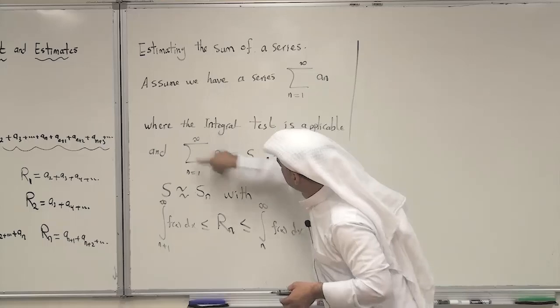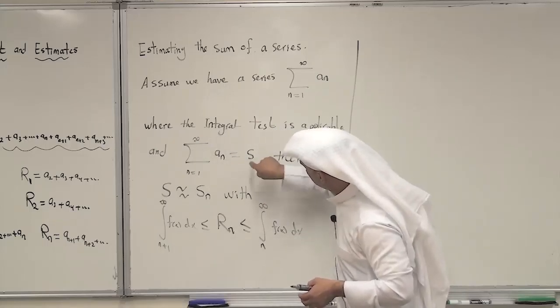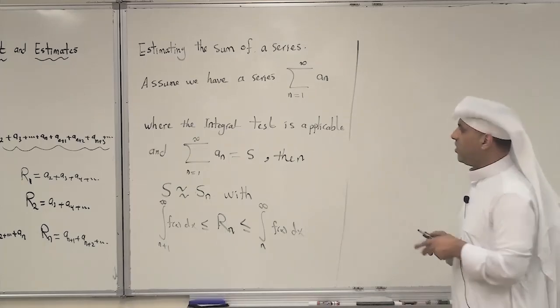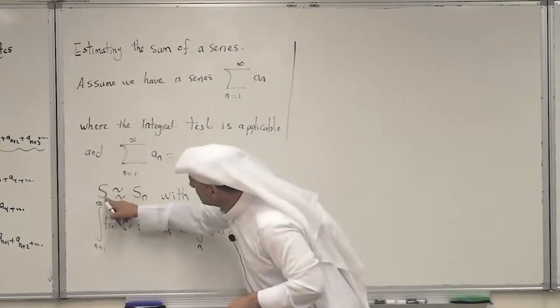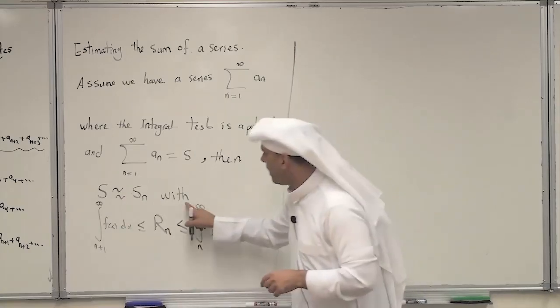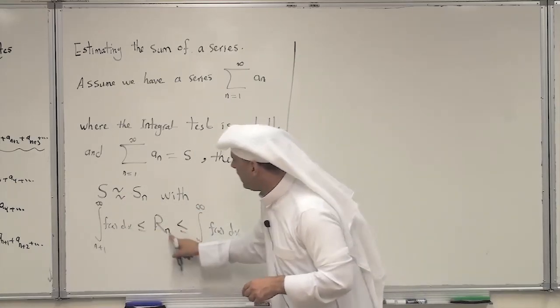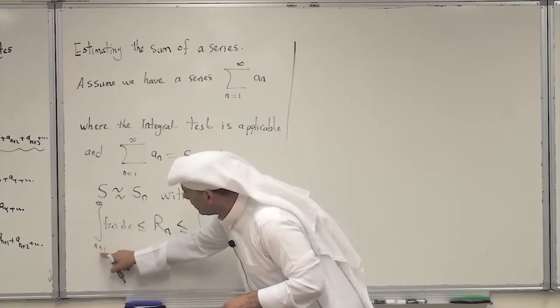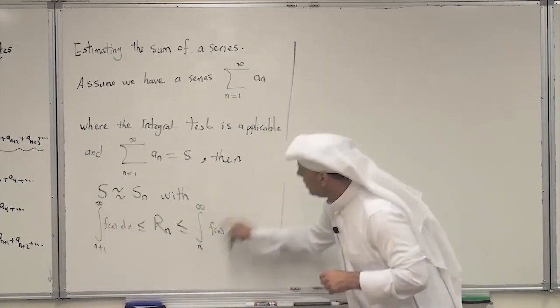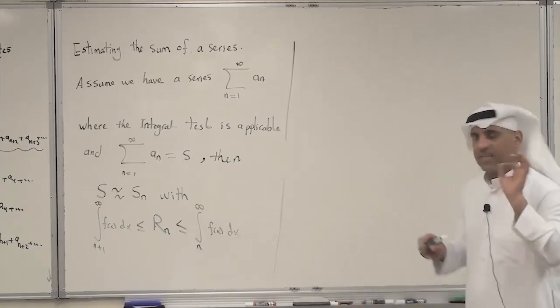And we know this series converges to S, so S is a finite number. Then you can always estimate S by taking partial sums. But in that case, the error involved will be greater than or equal to the integral from n plus 1 to infinity of f of x dx, and less than the integral from n to infinity of f of x dx. How to see this?